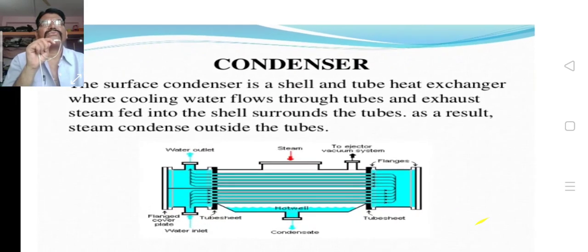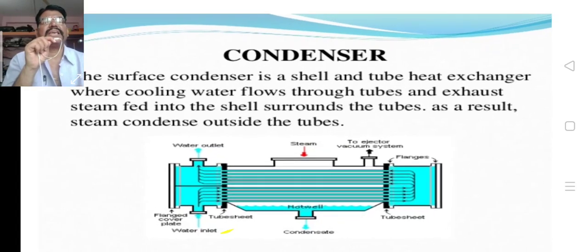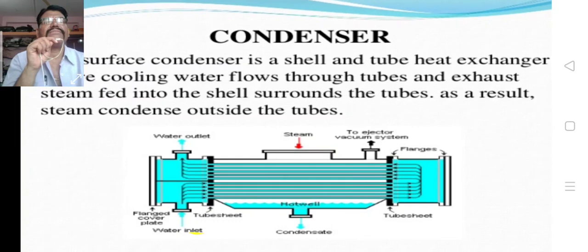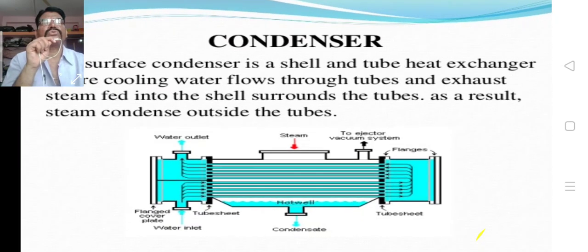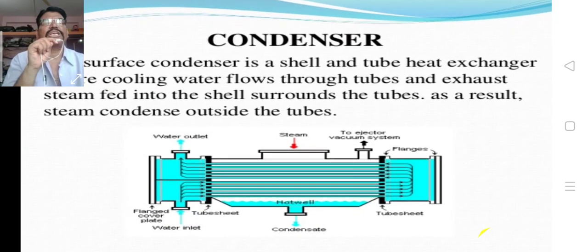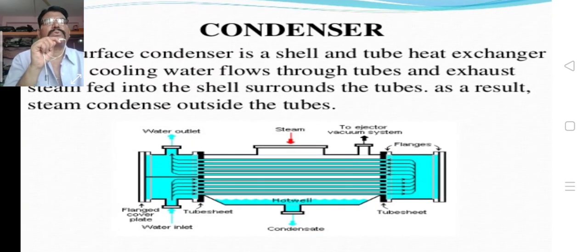Now the next part of this system is the condenser. There are many types of condenser, out of which this is the surface condenser. The surface condenser is a shell and tube type heat exchanger where the cooling water flows through the tubes and exhaust steam is fed into the shell surrounding the tubes. As a result, steam condenses outside the tubes.